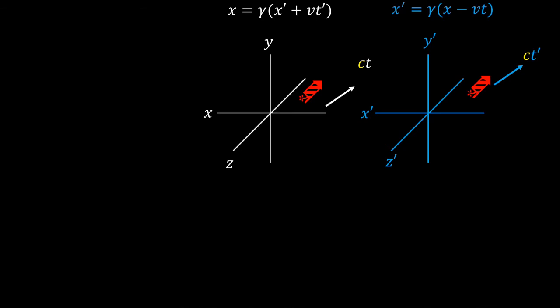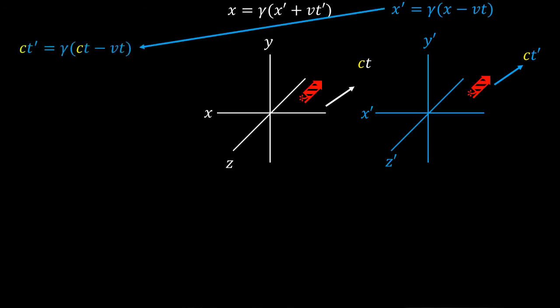We now take our two transform equations and we can instantly replace x prime with ct prime, as the light irradiates out in all spatial dimensions equally, and x with ct, as I have done on the screen.